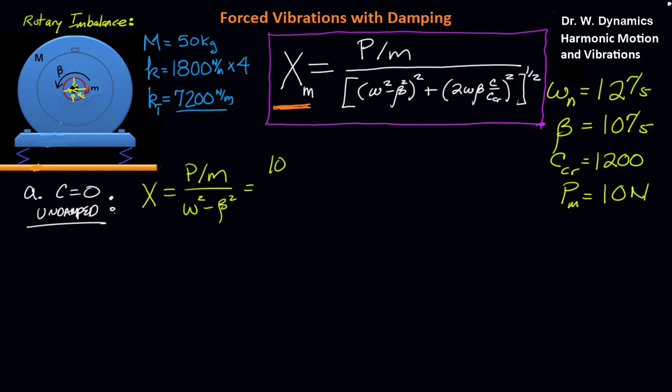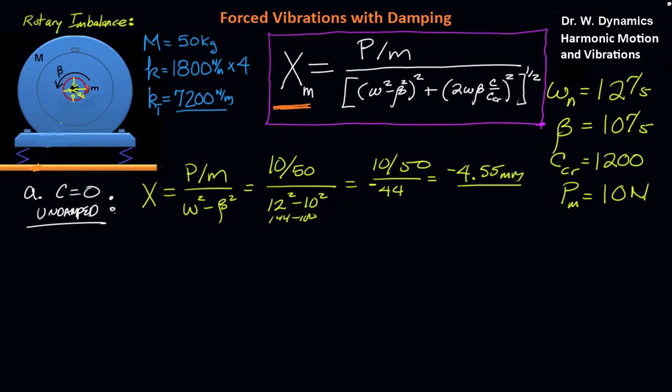P is 10 newtons divided by 50 kilograms over 12 squared minus 10 squared, which will be 144 minus 100. So we'll get 10 over 50 divided by 44, which if we manipulate the units, this is also negative, by the way. We'll get negative 4.55 millimeters for that. So without damping, that would represent the amount of vibration that we'd expect to see as this thing was running.